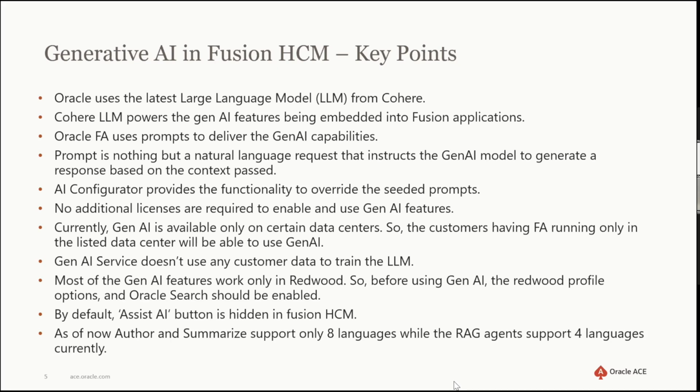As of now, the author and summarize design patterns support 8 languages, and the RAG agents currently support only 4 languages. In Fusion applications, many languages can be enabled, but Gen AI author and summarize can generate data only in 8 languages as of now.